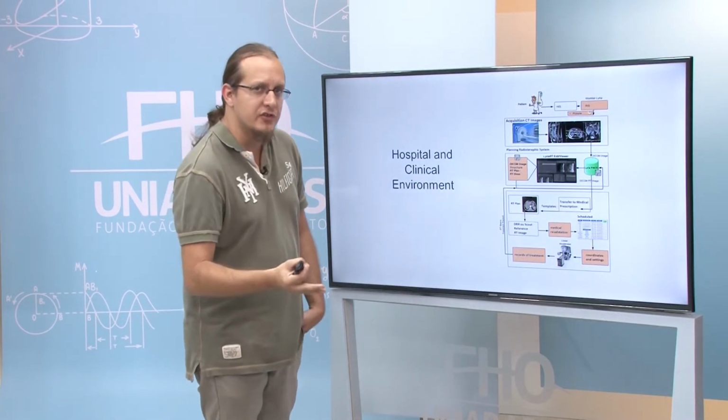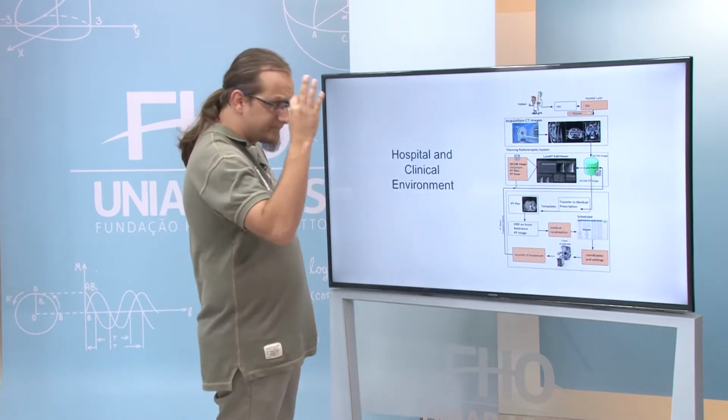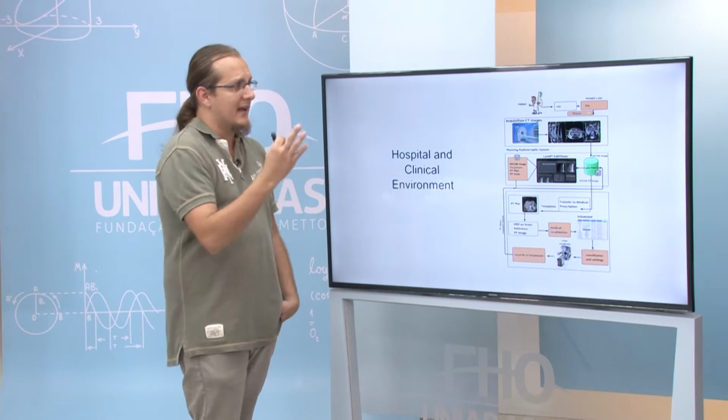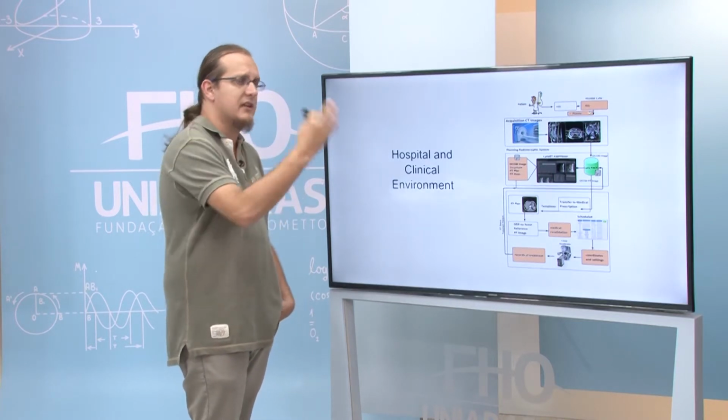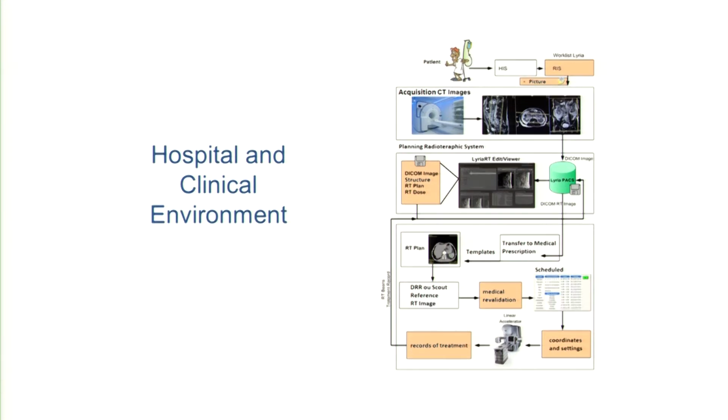RIS is a radiologic information system, an intermediate system between radiotherapy and the hospital information system. The next step is acquisition of CT images, as I said before, and the radiotherapy planning system receives the images from the PACS.